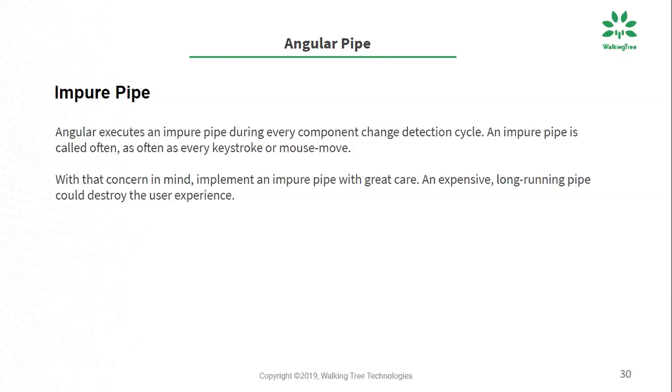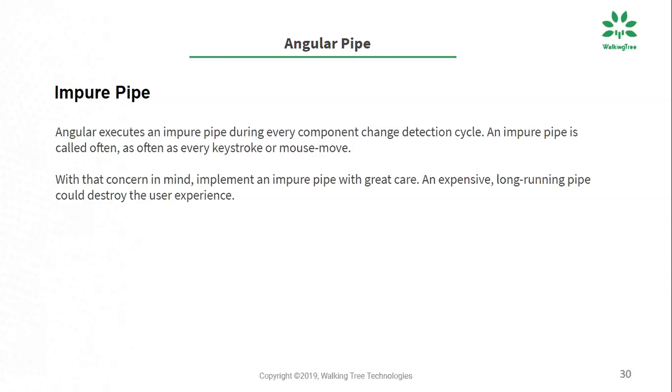And it is going to be instantiated for each change, so it is going to be a burden to the browser, and it will delay the processes. So while using impure pipes, we need to make sure that we have some conditional checking.